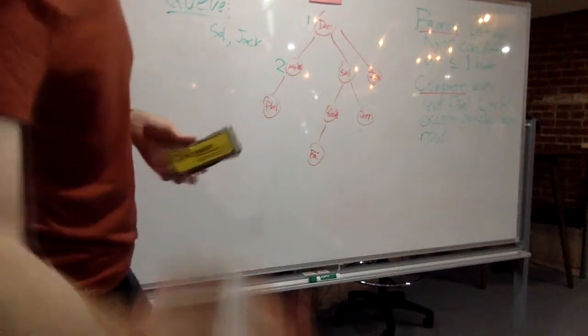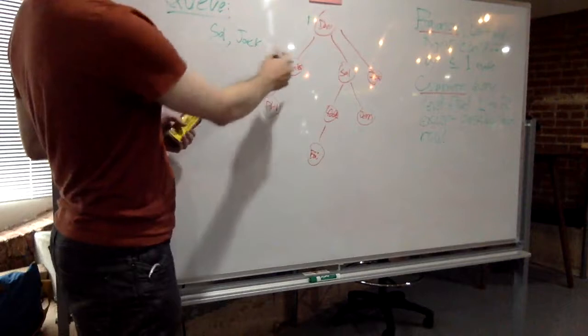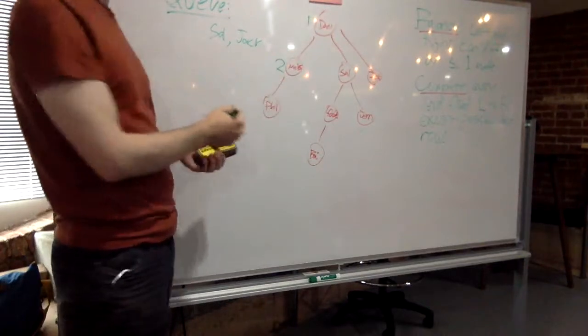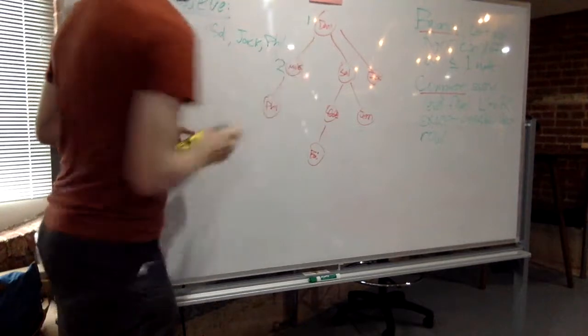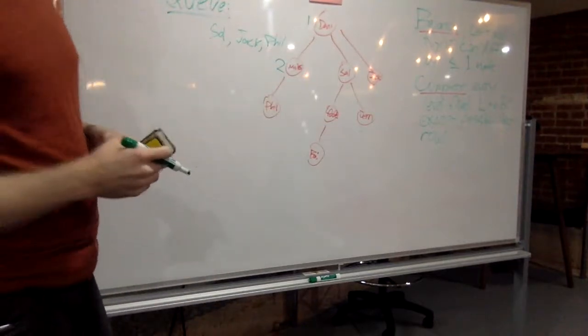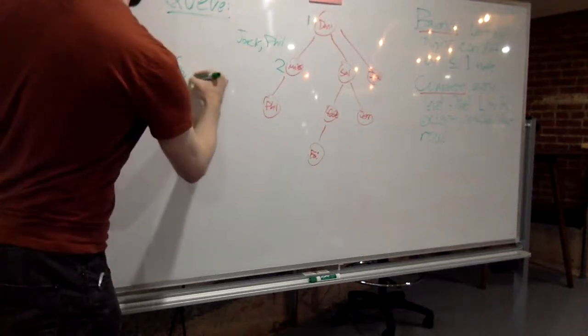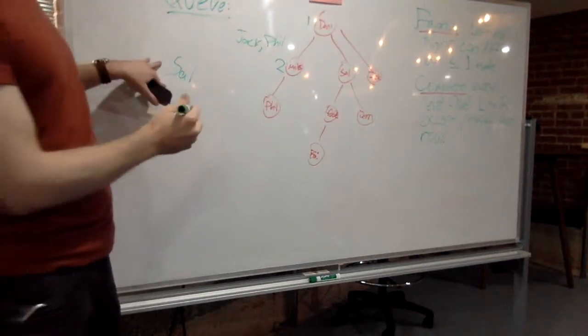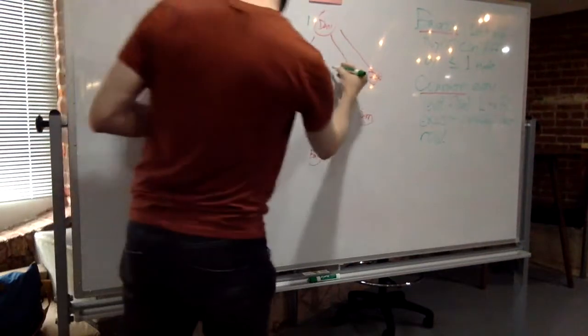And now for each of Miles' children, we add them to the queue. So Phil, let's put on the queue. So now, again, we pop Sal off the queue, and we're considering Sal. Is Sal equal to Jen? Nope. So Sal gets visited third.